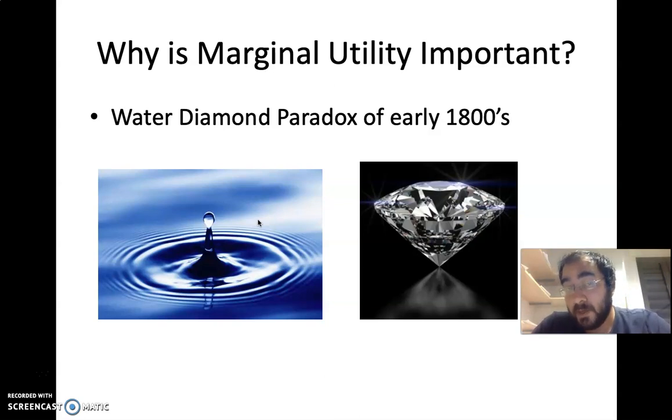So even though initially our first units of water are very useful, the last use of water, once we drink it, once we clean our body with it, once we clean our house with it, each additional unit becomes less useful compared with the first units.